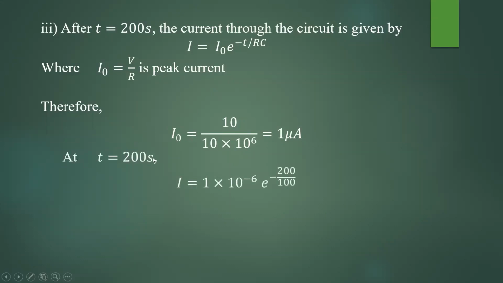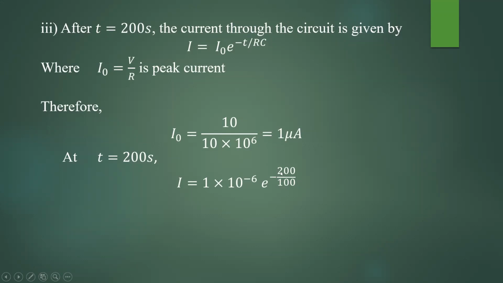Now you calculate the current I. At t equal to 200 seconds, I will be equal to I naught into e to the power minus t by RC. So I naught is 1 into 10 to the power minus 6 ampere into e to the power minus 200 divided by RC. Already we have calculated the time constant RC, that is 100 seconds.